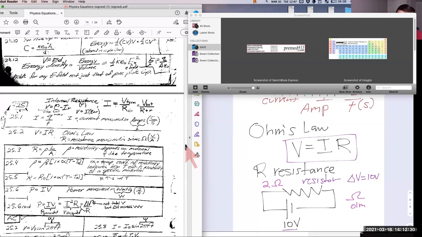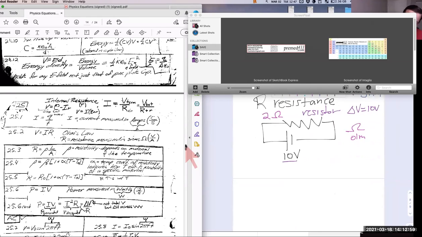We have a voltage of 10, and a resistance of 2. So that means that the current is going to be 5, and that's going to be amps, because that's the unit of current. So that's one way of using Ohm's law. Does that make sense? Yep.